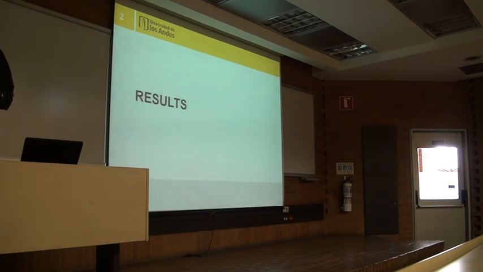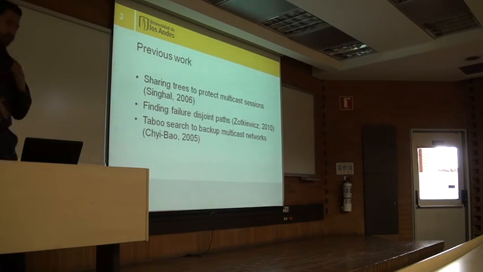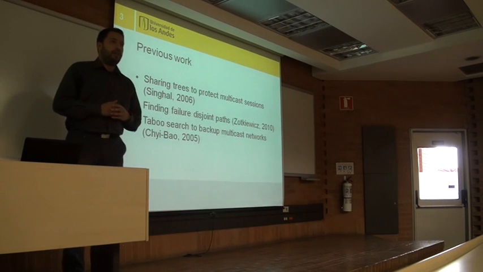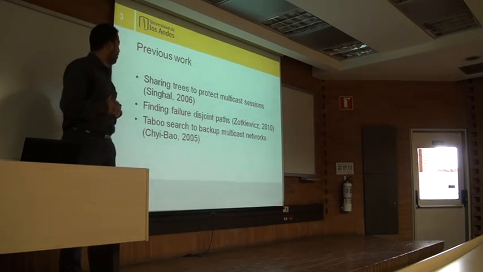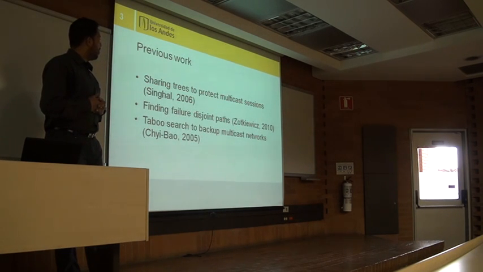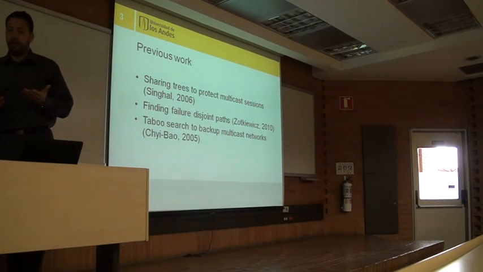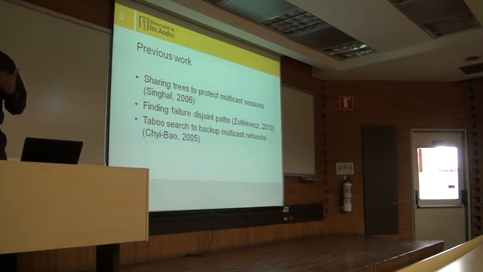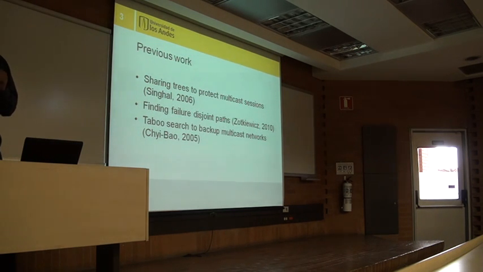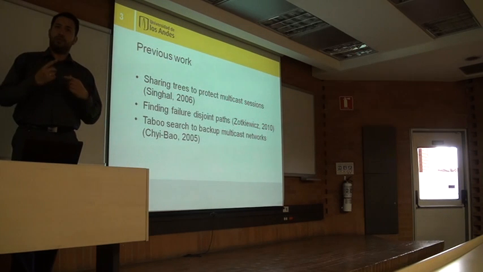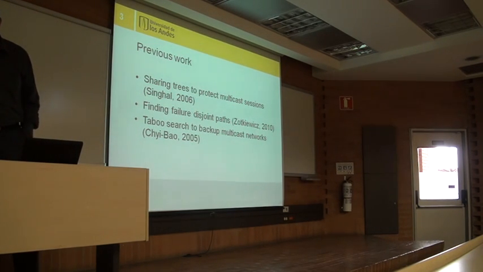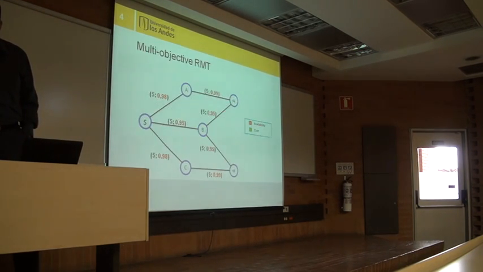To contextualize our presentation, there is previous work: sharing trees to protect multicast sessions in 2006, finding failure-disjoint paths in 2010, and some evolutionary algorithms to find that kind of trees in 2005.